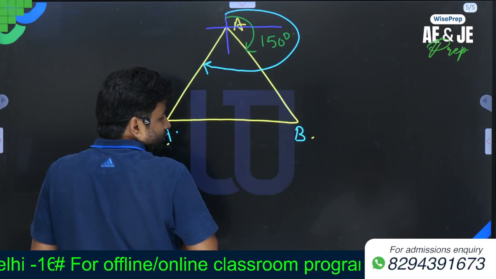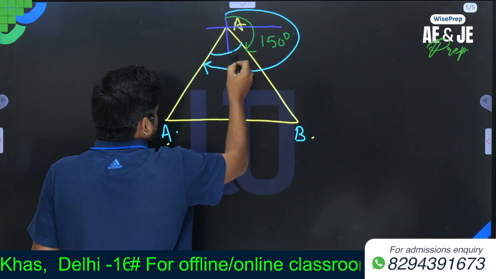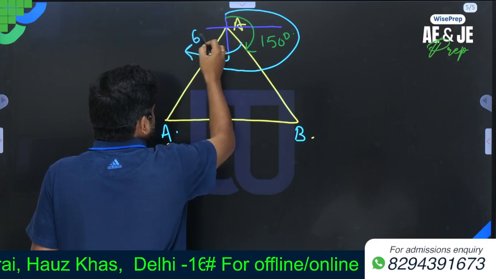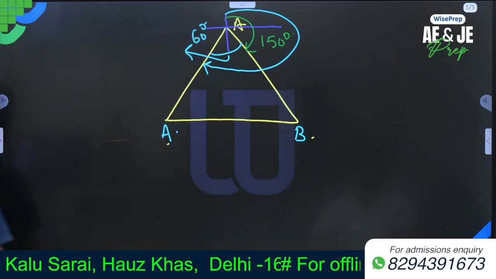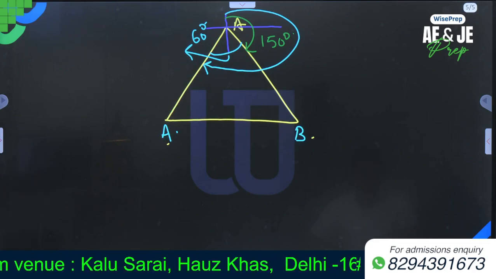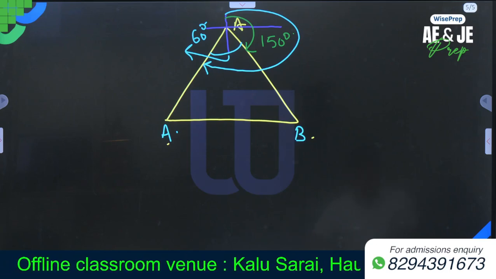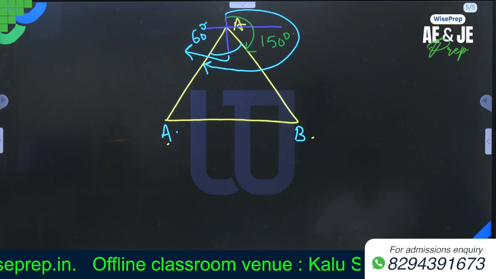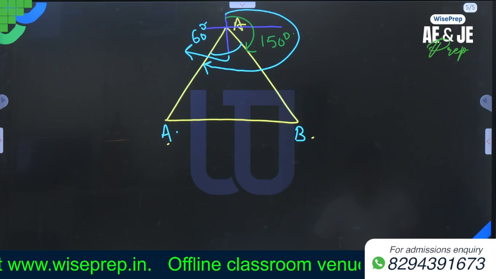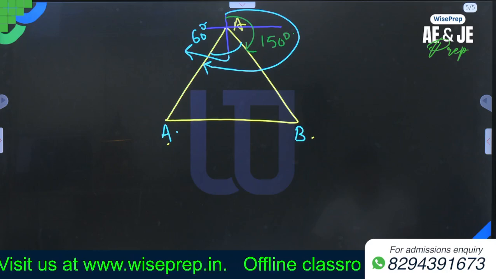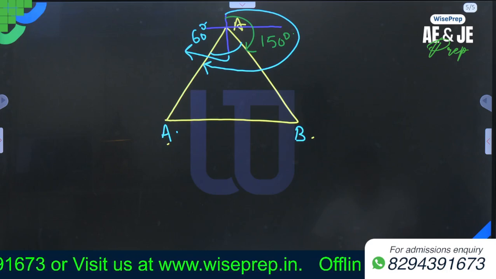All right. This is how much? Equilateral triangle, 60 degree. This is how much? Equilateral triangle, 60 degree. So what will be the answer? What will be the answer?